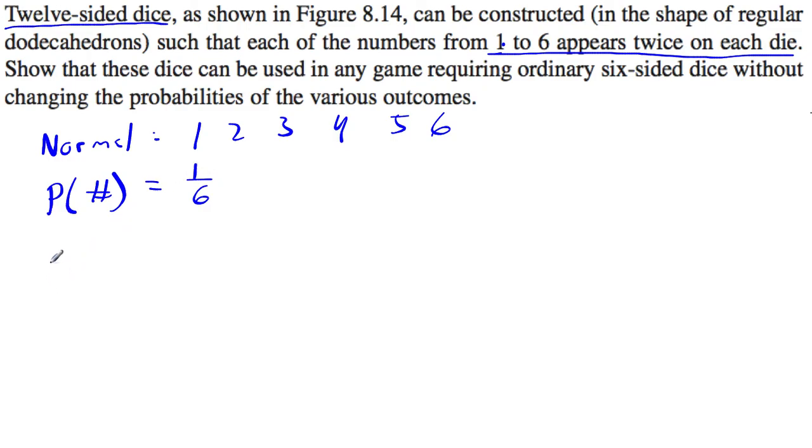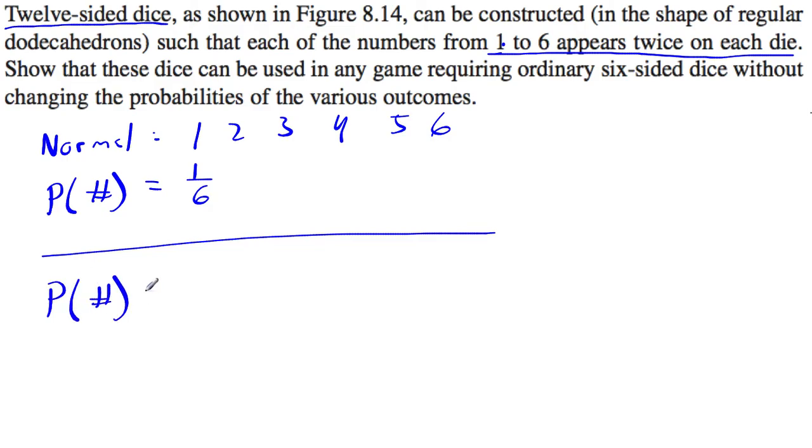For the 12-sided die, we have 2 opportunities out of 12, because we have 2 1s, 2 2s, 2 3s, 2 4s, but we still have 1 out of 6 because it reduces.